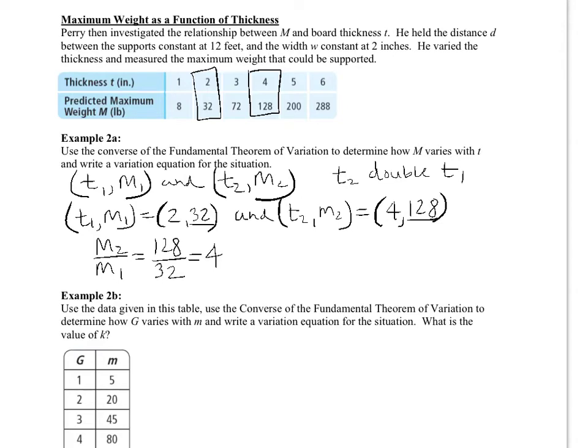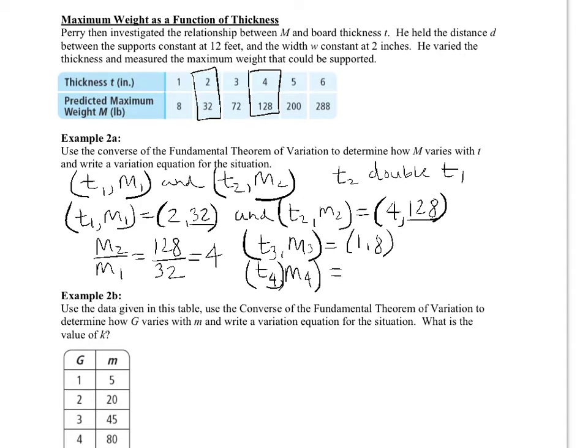So let's test it again with two other data points, such that this time we're going to pick T4 triple of T3. So if T3 and M3, we're going to pick new points. We're going to say 1 and 8, and we want T4 tripled T3.